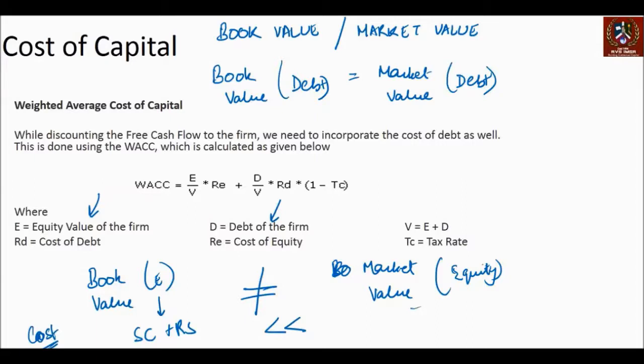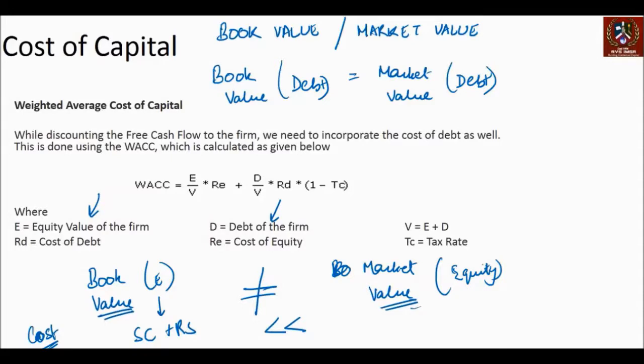Now think about it this way. If the company was going to raise money today, would they raise money on the book value or would they raise money on the market value? If the company was going to issue new shares to the market, would they go and issue that on book value or would they issue at market value? Well, the answer is market value.